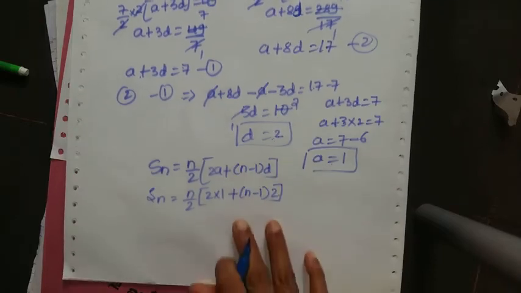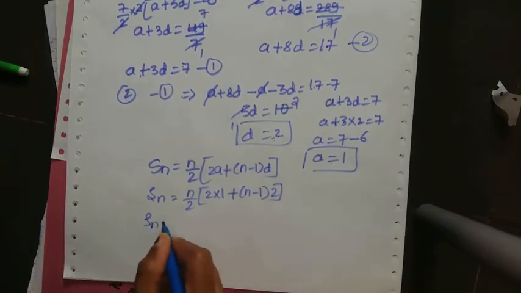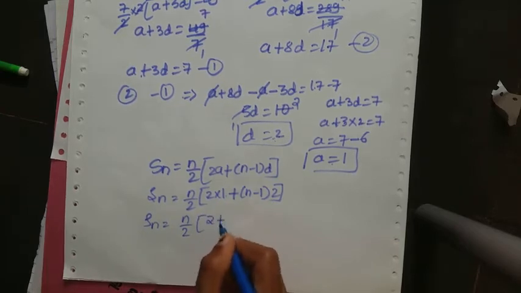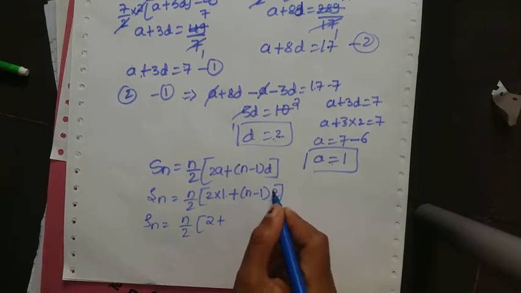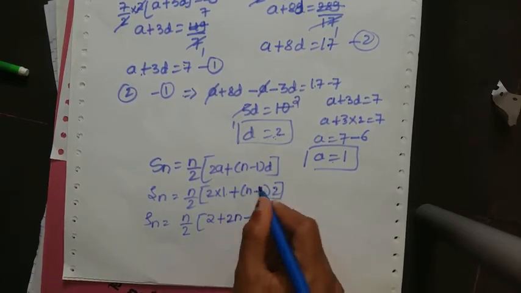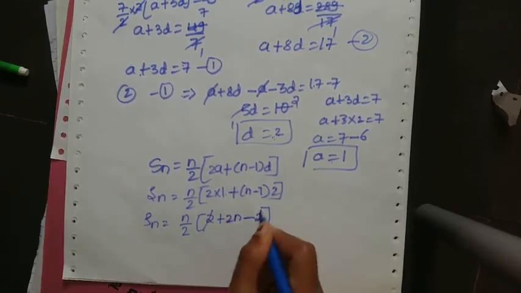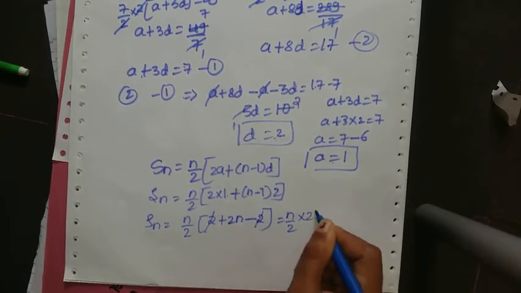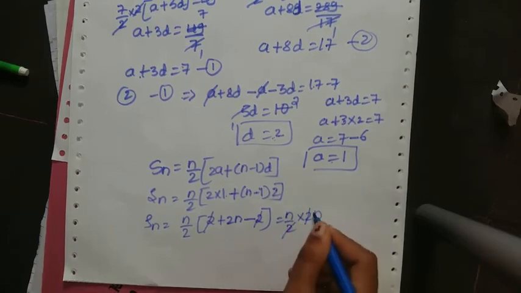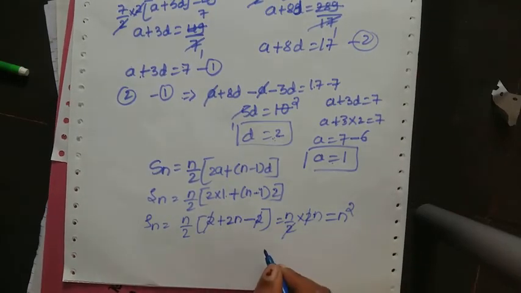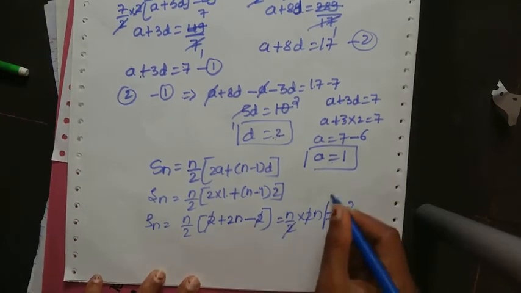So Sn is n by 2 into bracket of 2 plus, multiplying 2 inside, 2n minus 2. 2 minus 2 becomes 0. So n by 2 into 2n, the 2 gets cancelled, n into n is n squared. This is the sum of first n terms of the given AP, Sn.